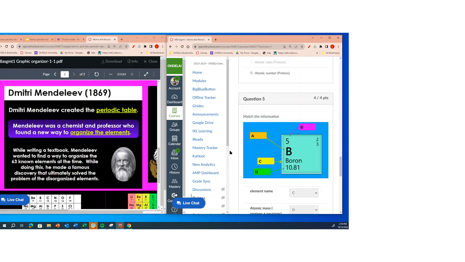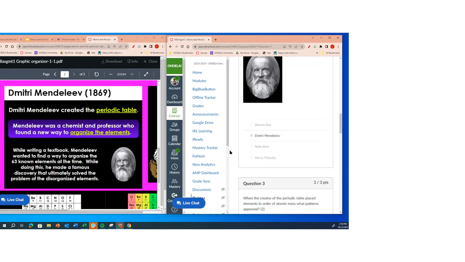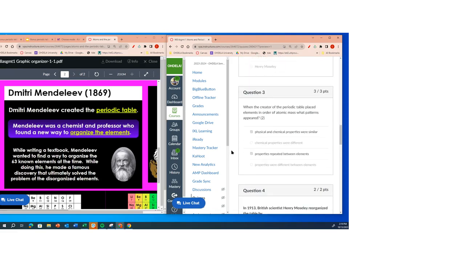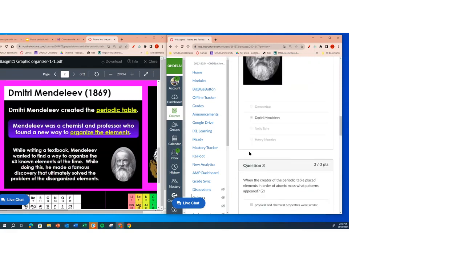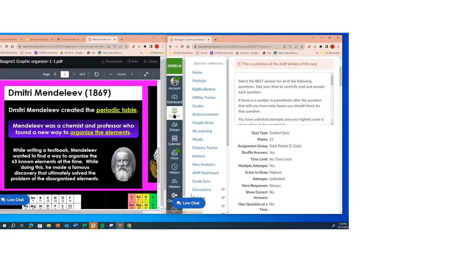Okay. Hey, Mariana. Yep. I have to double check. No, it was question 6. It was elements in the same vertical column, properties, and missing elements would be found. The other one says row. It was vertical versus row. Okay, so let's move on to assignment 2.